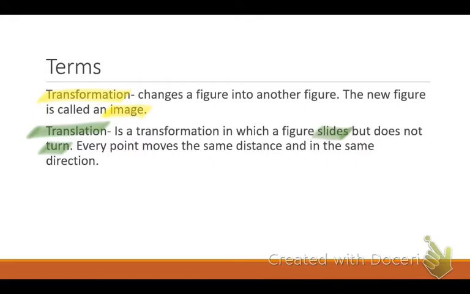So sliding an object but not turning it, that's a translation. It's not going to change size. That's what it means when it says every point moves the same distance in the same direction. So the shape is not going to change size because all the points are moving the exact same. Okay, so that's a translation.